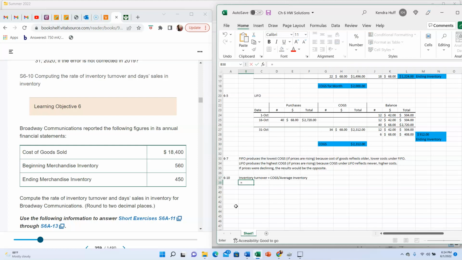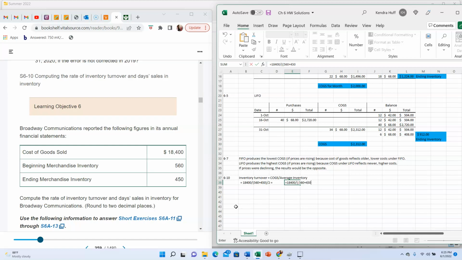All right, so it's going to equal 18,400 divided by (560 plus 450) divided by 2. I think I need 2 opens there.